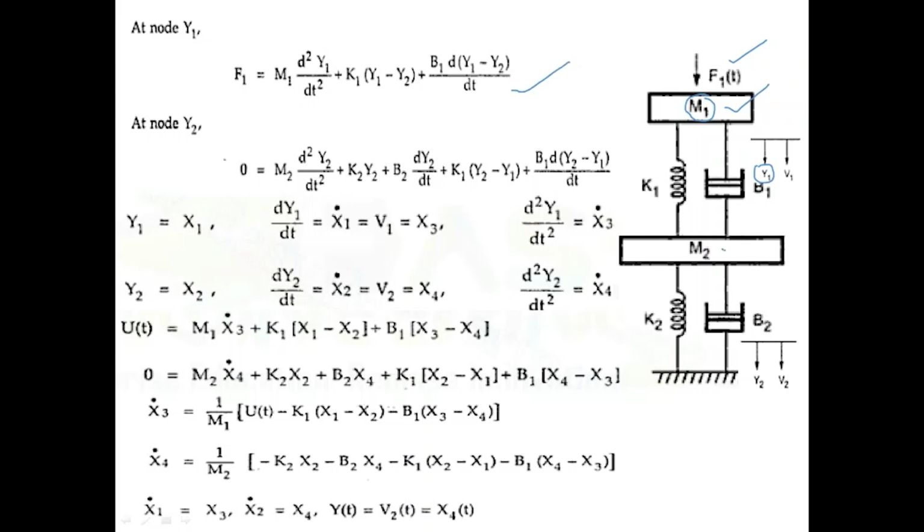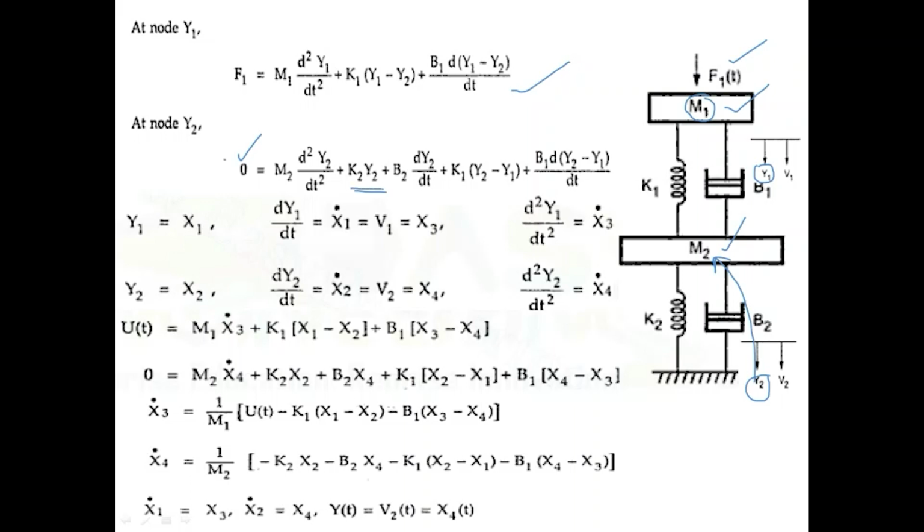Then, considering m2, there is no force acting on m2. Therefore, the input is equal to 0. Therefore, force is equal to m2 into d square y2 divided by dt square, since the displacement for m2 is y2, plus k2 into y2 plus b2 into dy2 divided by dt, because this k2 and b2 are exclusively for m2 alone.